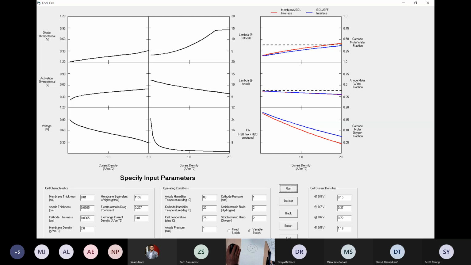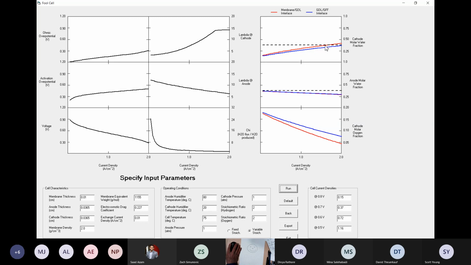So if we lower the cell temperature, this dashed line will move down because the amount of water that you can hold in the gas stream without condensation becomes less. We'll do that in a while.